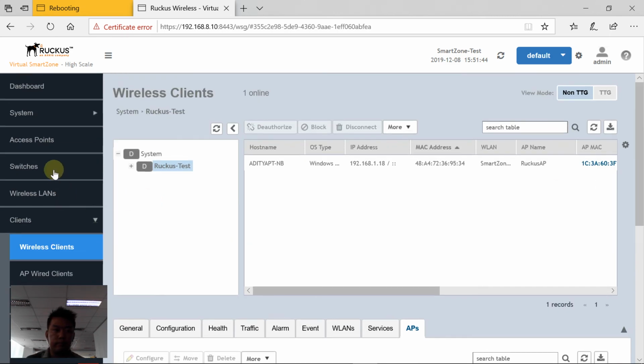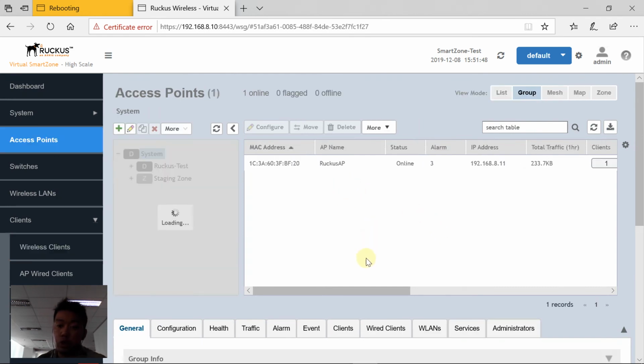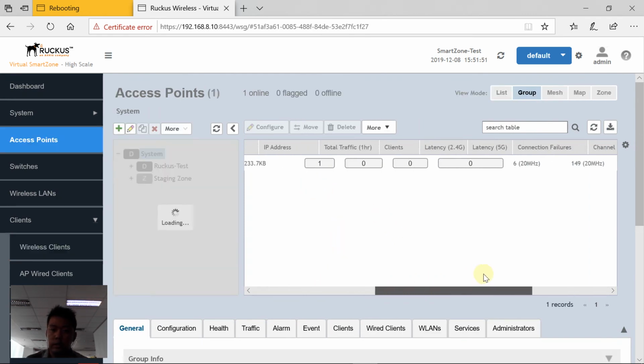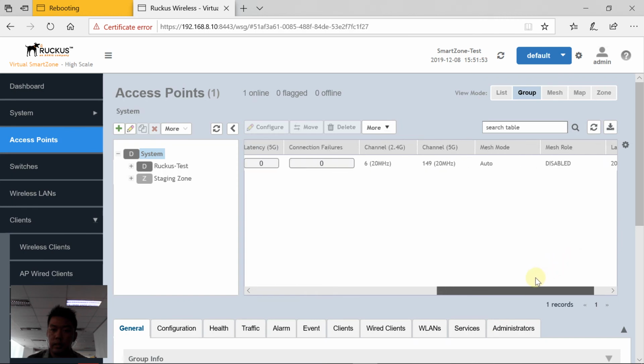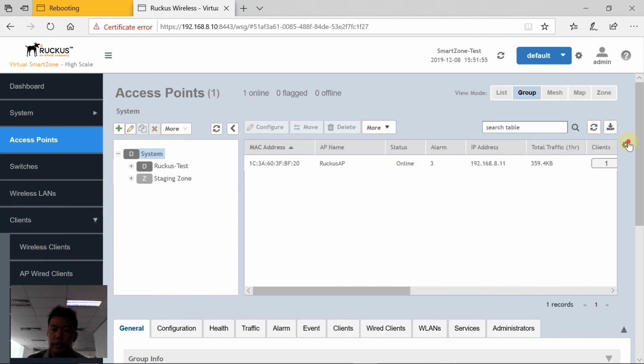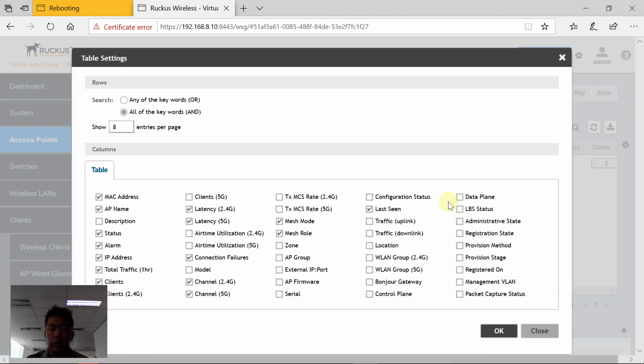And we can also monitor airtime utilization. So airtime utilization is in here.